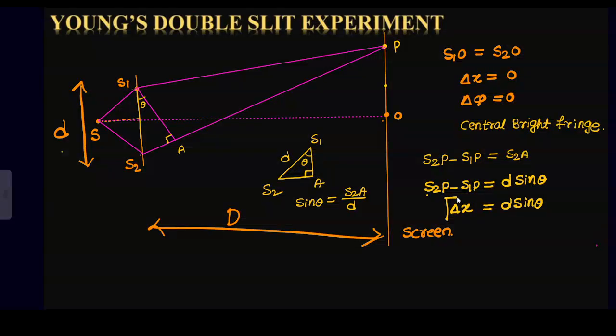Based upon this path difference, we can talk about what type of interference will happen at the point P, whether constructive or destructive. This point clear? Now at the point P, will maxima or minima happen? We cannot say directly.